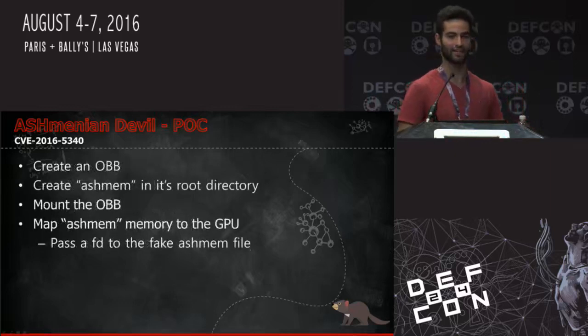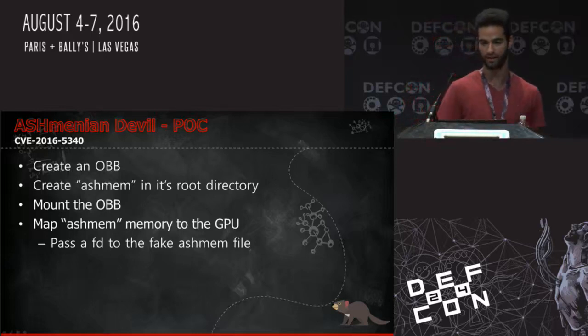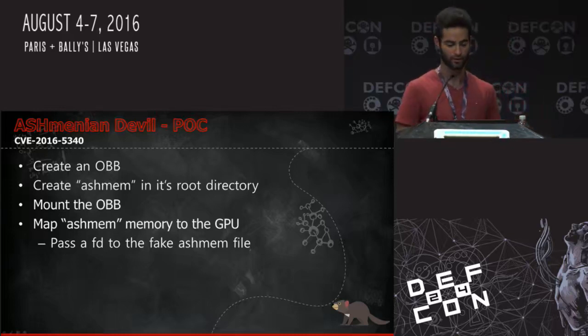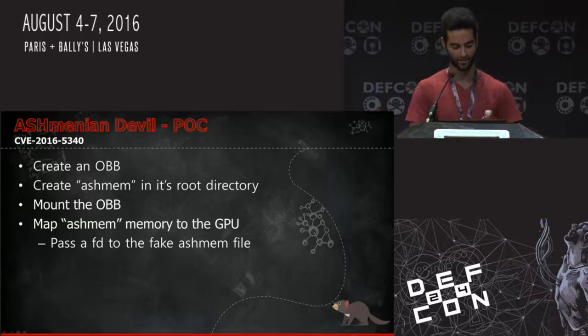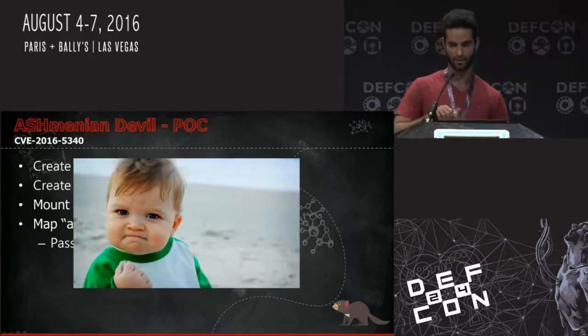So in order to fake an ashmem file, what we can do is first just create an OBB file and put a file called ashmem in the root directory. Then we can just mount the OBB, and then we can send our file descriptor to the ashmem file from the OBB to the system, and therefore we can fake the ashmem internal data.